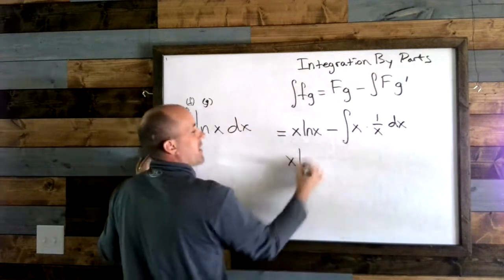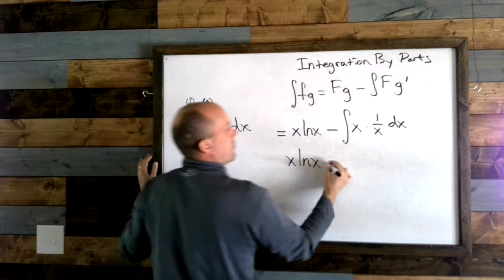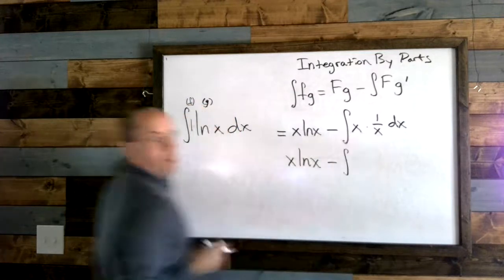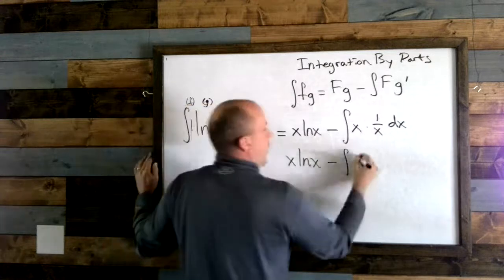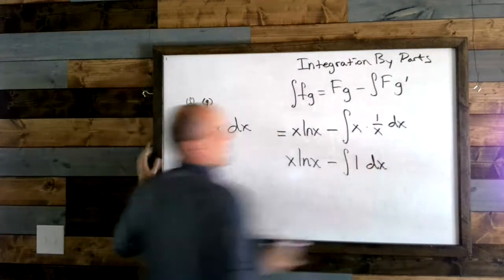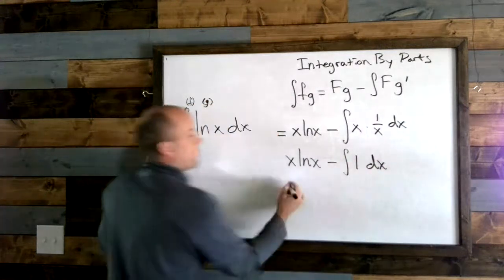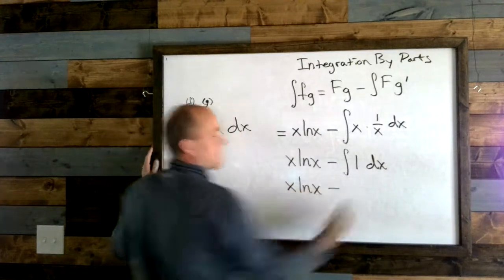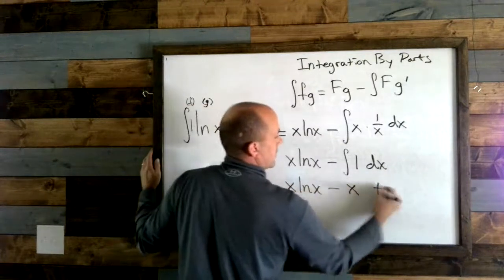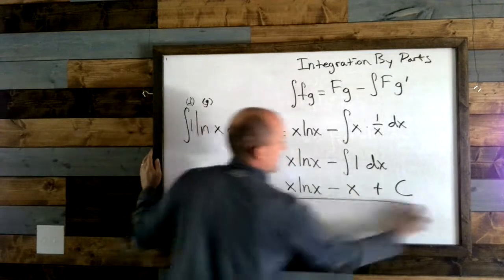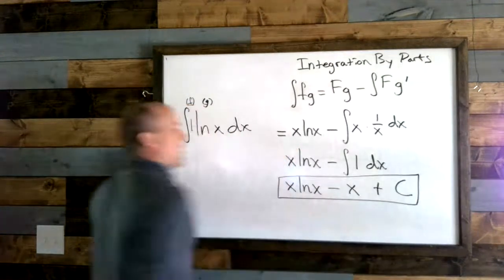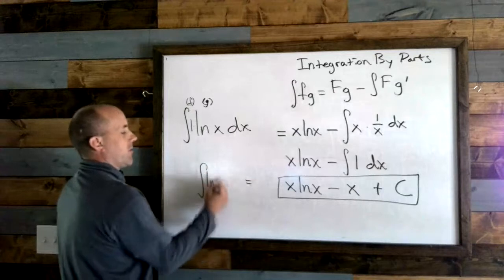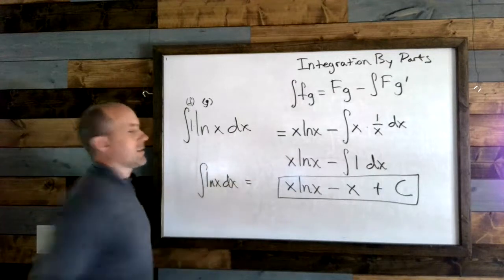So x natural log of x minus the integral of, what is x times 1 over x? It's 1. What's the antiderivative of 1? It's x. Turns out that, my friends, is the antiderivative of natural log of x dx.